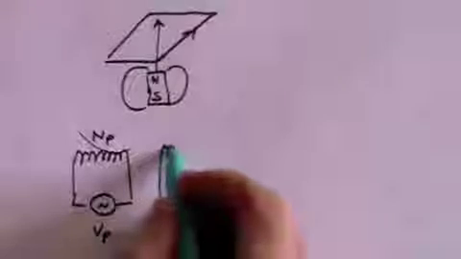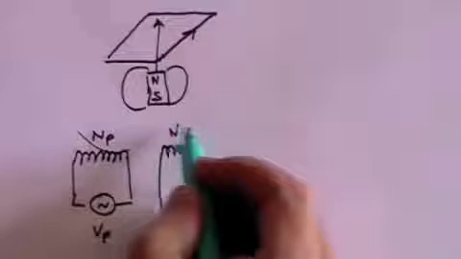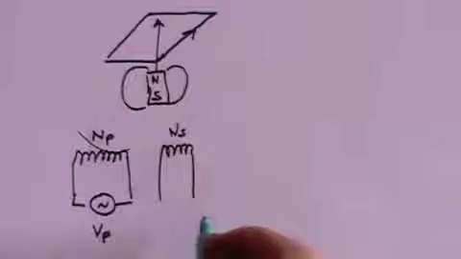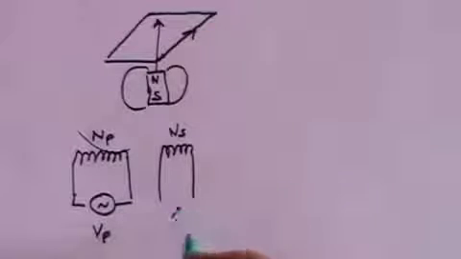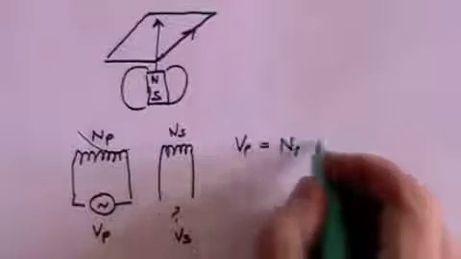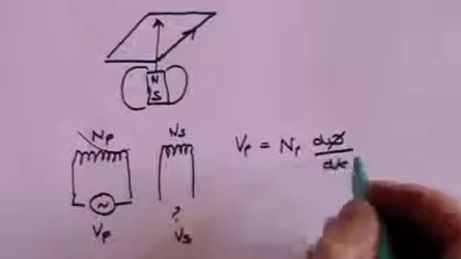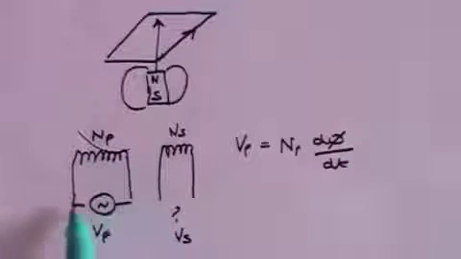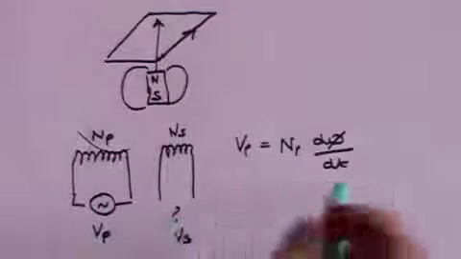You then have another circuit, the secondary circuit, with Ns turns, the number in the secondary, and you want to know what the voltage in the secondary will be. Then we developed in the video on electromagnetism the formula Vp equals Np d phi by dt, where d phi by dt is the change of flux caused by this alternating voltage.